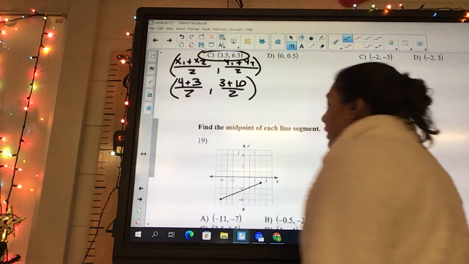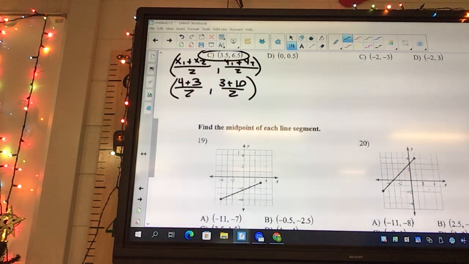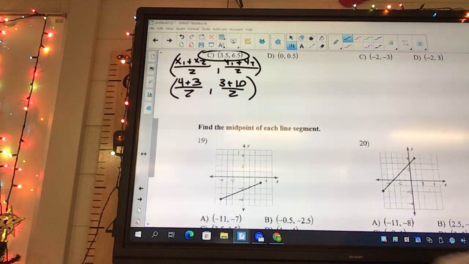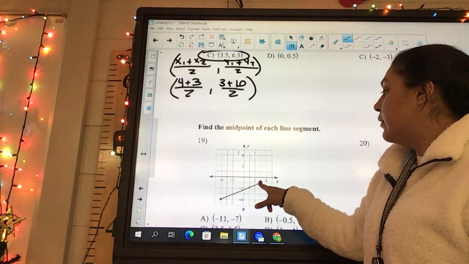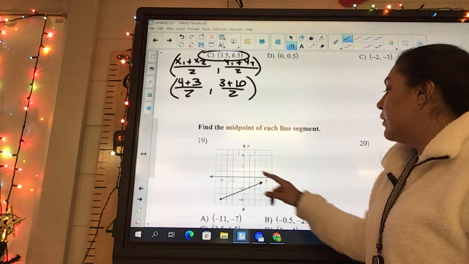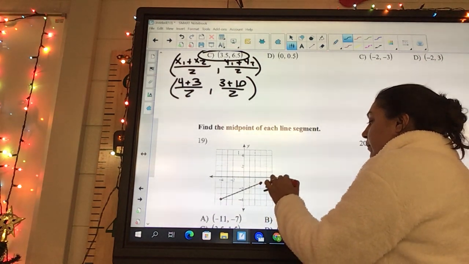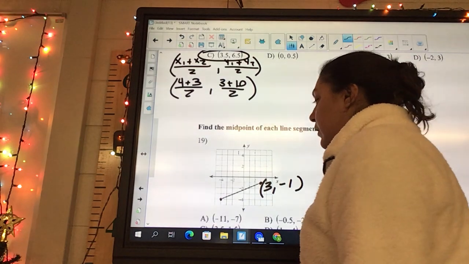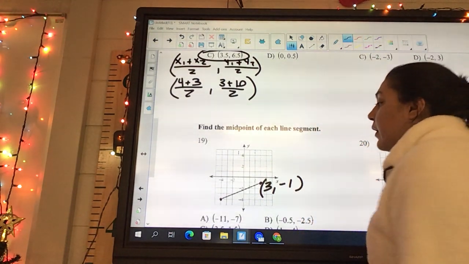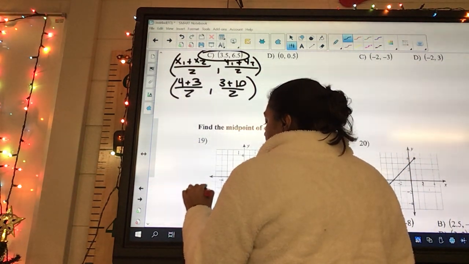Okay, find the midpoint of each line segment. So this is the same thing, except for you need to label the points first. What is this point? It's 3, -1. And then what about our other one? -4, -4.